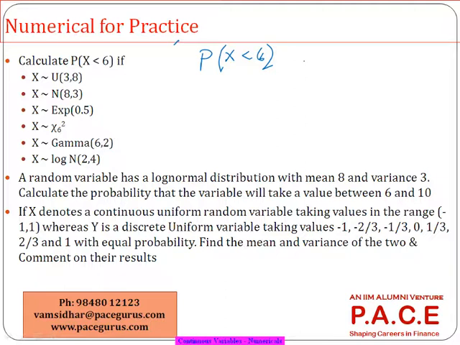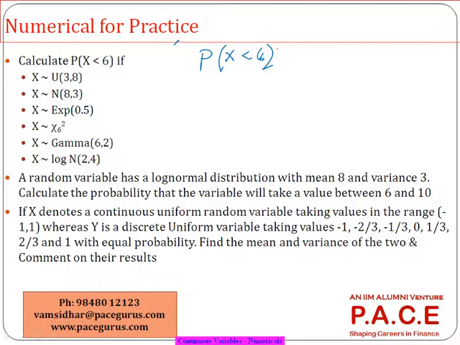In the normal distribution, it's always through tables. Any probability finding in a normal distribution is always through tables. And that tables approach is applicable only for a standard normal distribution. So any distribution, I have to convert into a standard normal distribution by subtracting the mean and dividing by the standard deviation.